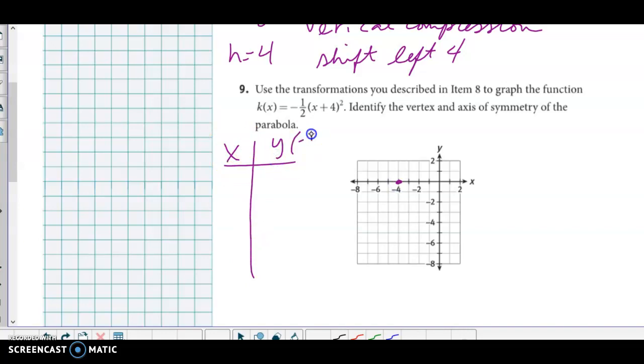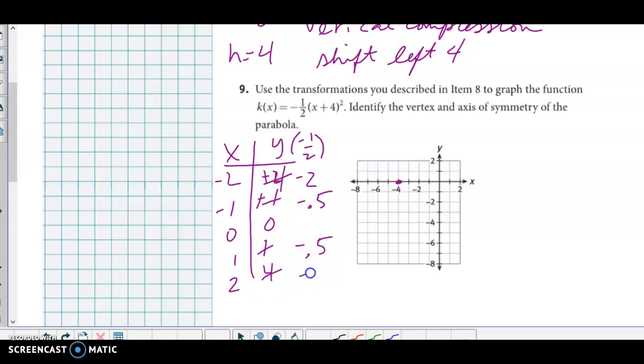Remember, A is negative 1/2, so that's going to be multiplying these, excuse me, these are positives. I'm having an issue today, apparently. Negative 2, 1, 0, 1, 2. When I multiply this, I get the negative 2, negative 0.5, negative 0.5, negative 2.